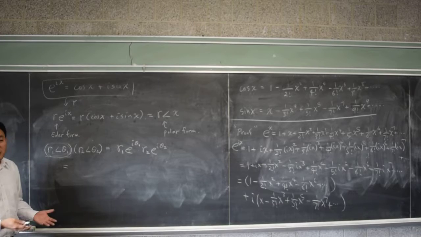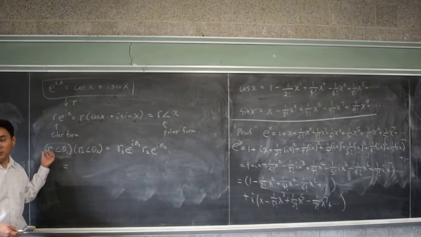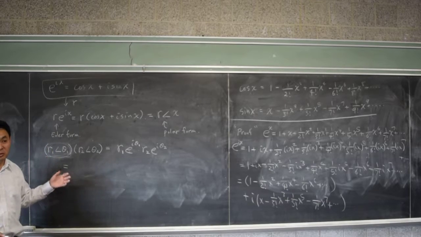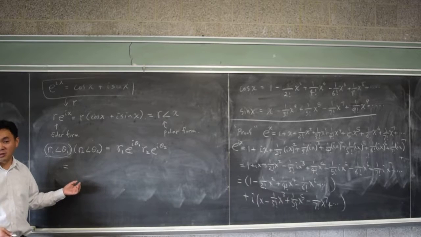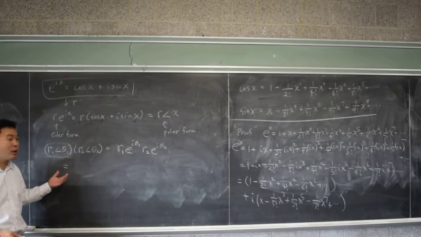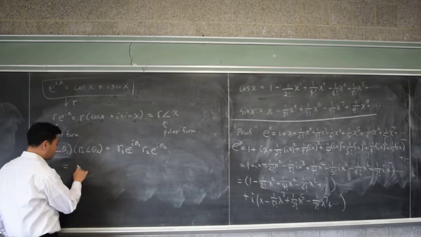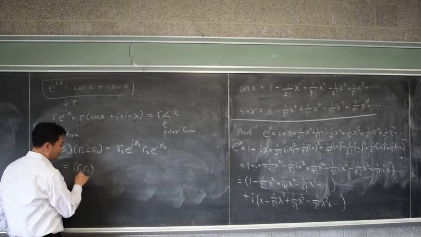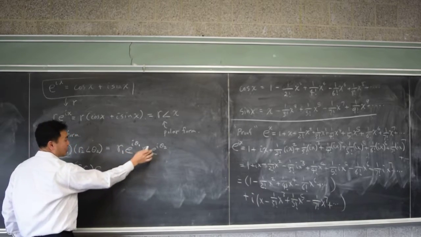Then we immediately have the proof that the angles add and the magnitudes multiply. I told you last time that the proof will be deferred until we do the Euler identity. If we have the Euler identity, we can continue on and say R1 times R2 and e to the, what happens to exponents when you multiply with the same base?